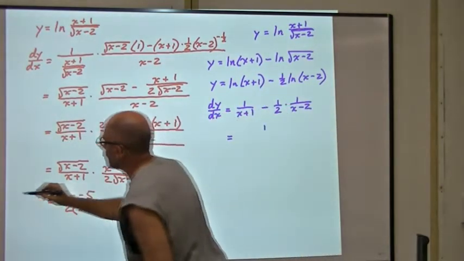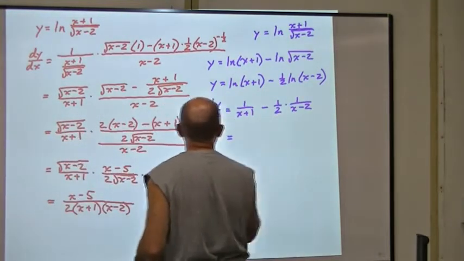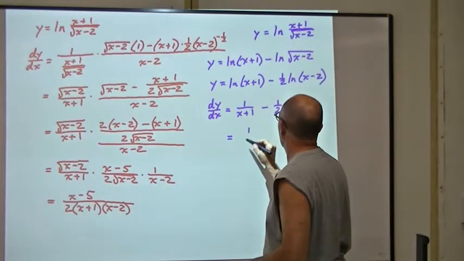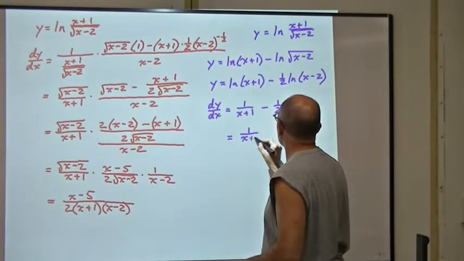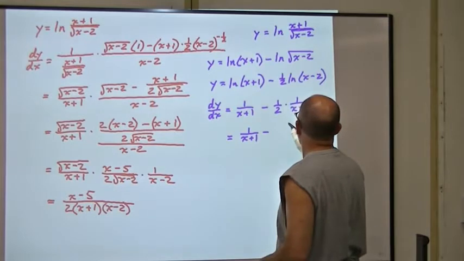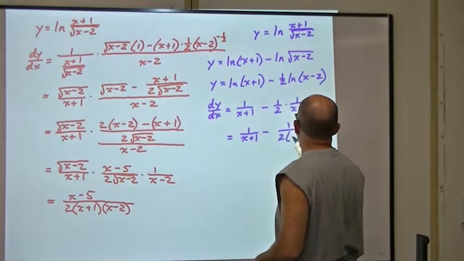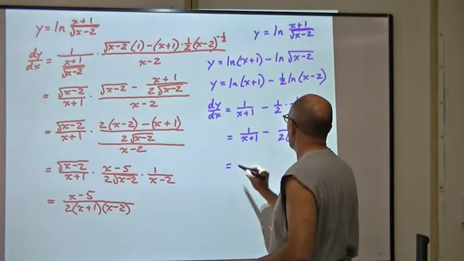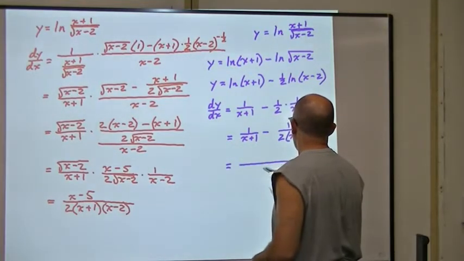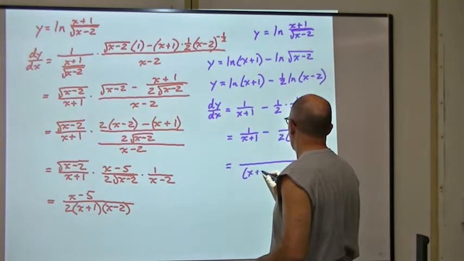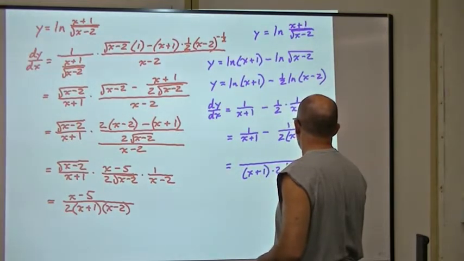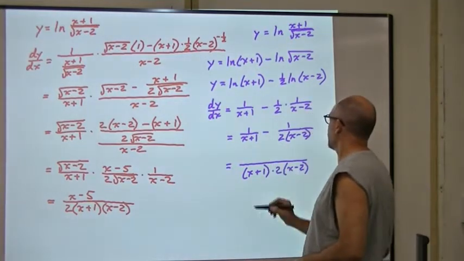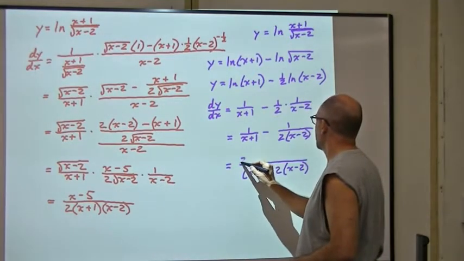Now notice, if I want to, I can make this 1 over, we need common denominators. So let's just go through this real quick, just so you can see it actually does work. 1 over x plus 1 minus 1 over 2 times x minus 2. Okay, so common denominator is going to be x plus 1 times 2 times x minus 2. Now, what did I multiply the first fraction by? 2 times x minus 2.